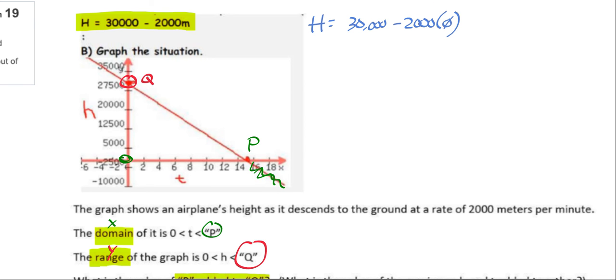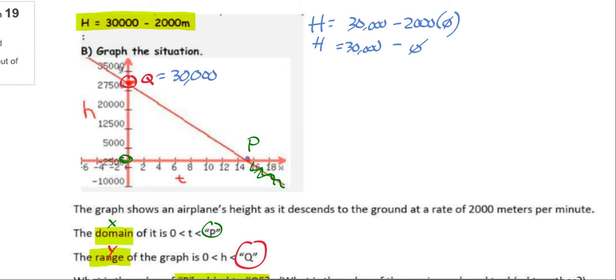If that's 0, 30,000 minus nothing, this whole term becomes nothing, right? Anything times 0 is nothing. Then the maximum height is 30,000 minus nothing, which is 30,000. So this point here, which on the graph we've put a Q on it for some reason, is 30,000.